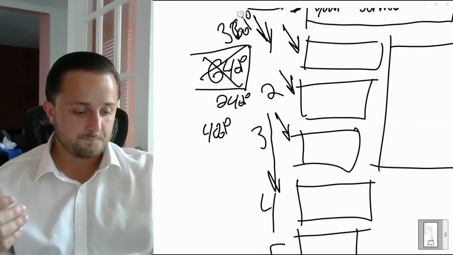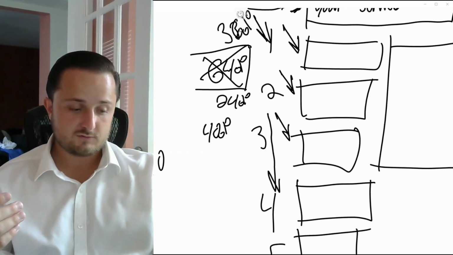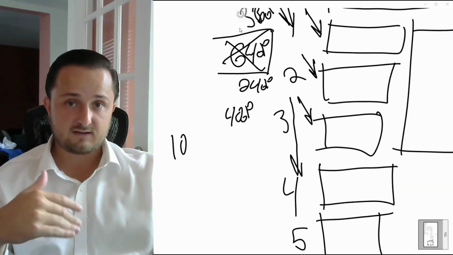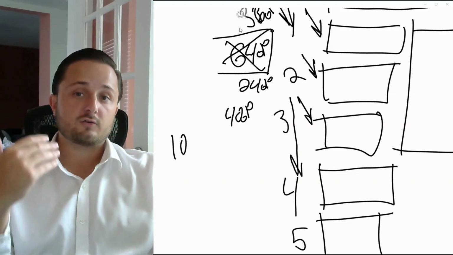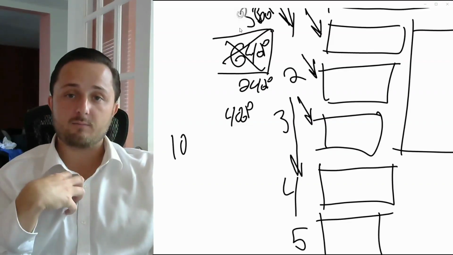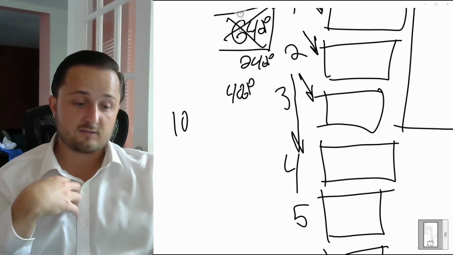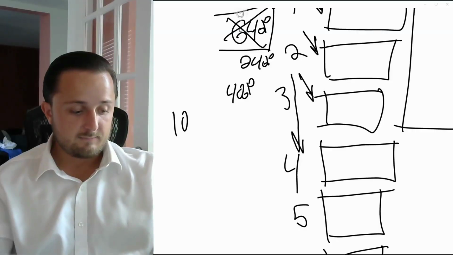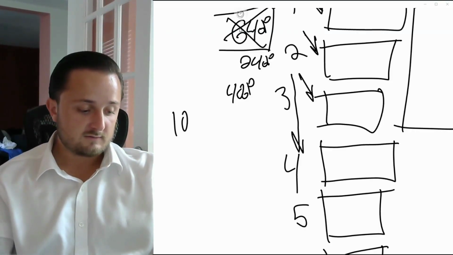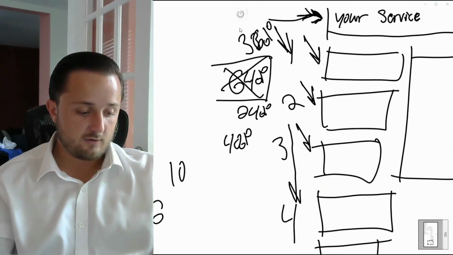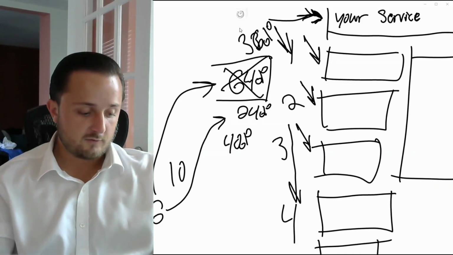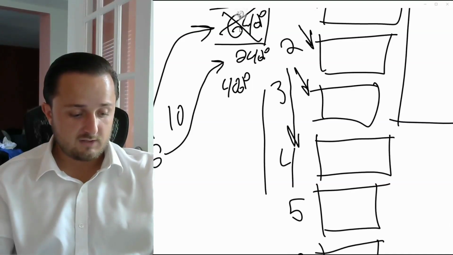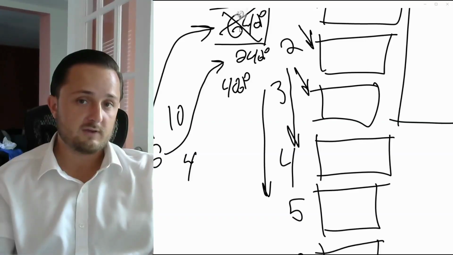So what does that mean? 10 people search for painting company near me, or a service that they are looking to solve, or a pain point or a problem that they have, or a product that they're looking to buy. That means from 10 people searching, 6 of them have already clicked that first and that second position. So now from 3 all the way down, we're fighting for the last remaining 4 people.